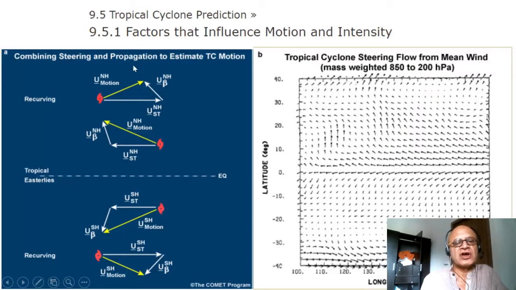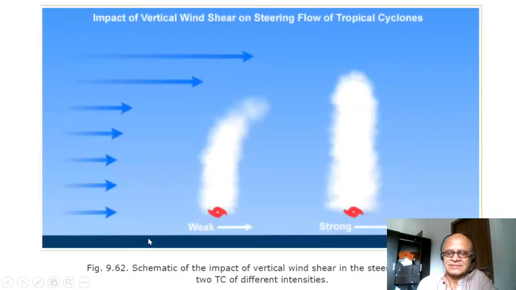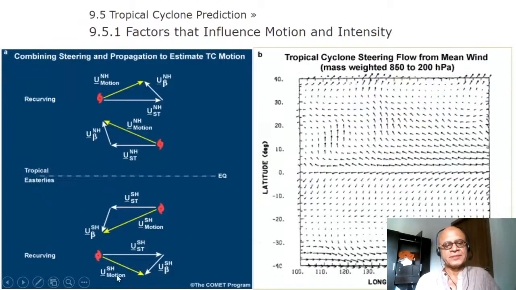And if it is recurving and maybe transitioning to an extratropical cyclone, or just getting re-steered within the tropics itself, then you may have background winds that are westerly, and you have the beta gyres still driving it towards the northwest, and you have the net steering winds showing up here, and you of course change the whole story, moving towards the southeast, depending on whether it's being born and growing or recurving.